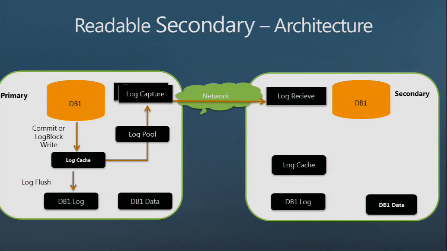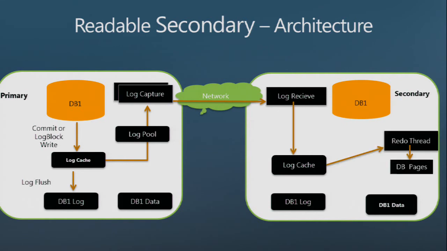Now let us look at what happens on the secondary replica. There is a log receive thread running on the secondary replica. It receives the log records from the network, and it starts writing to the log cache. While the log records are being written to the log cache, there's a redo thread that is always running on the secondary replica.